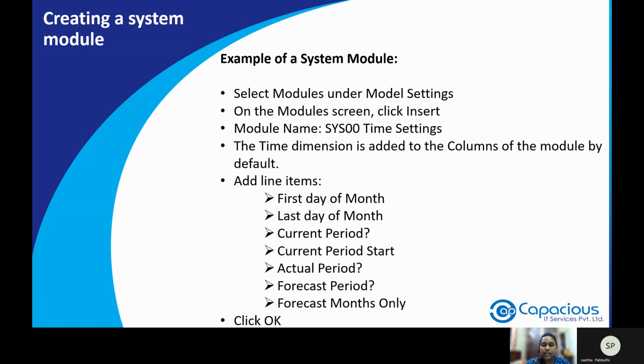But in this case, I have taken time as a dimension as the default for the system module. And I have added a few line items shown below, and we have to click on OK. By doing this, the module will be created, and the time will be default in this case. In detail, I'll show in the workspace at the end of this presentation.